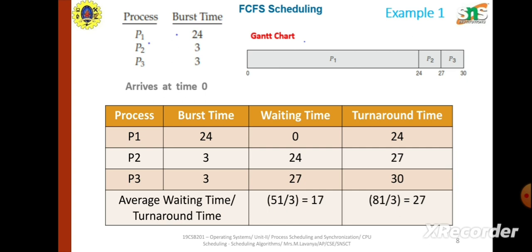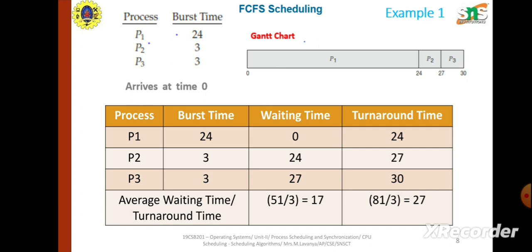0 minus 0, so the waiting time is 0. Then for process P2, the starting time is 24 minus arrival time 0, which is 24. Then for process P3, the starting time is 27 minus its arrival time 0. So 27 minus 0, its waiting time is 27.